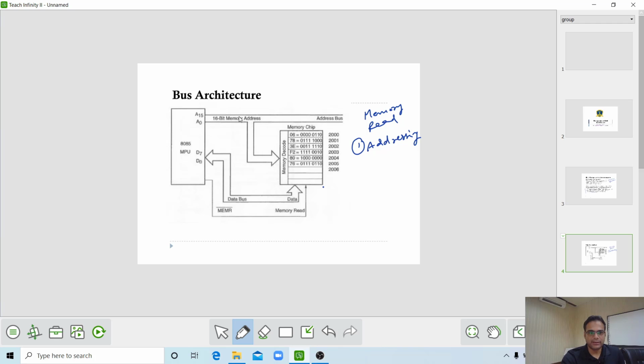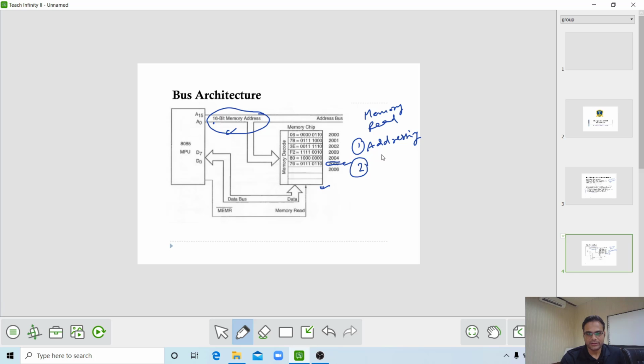The microprocessor identifies a particular location, suppose 2005, from these 16-bit memory address lines. It loads a 16-bit memory address on these address buses and sends it to the memory. Now the memory location is highlighted or activated, from which the microprocessor wants to read. This process is called addressing.